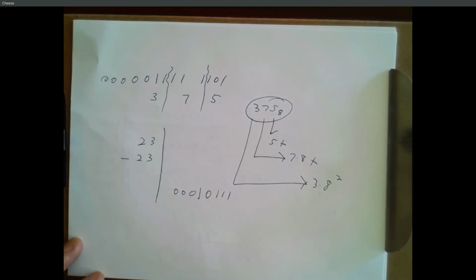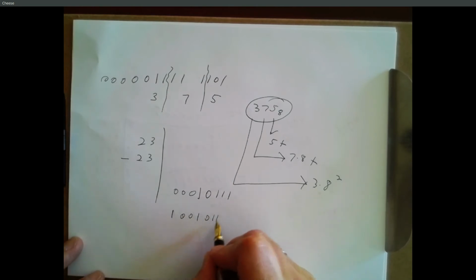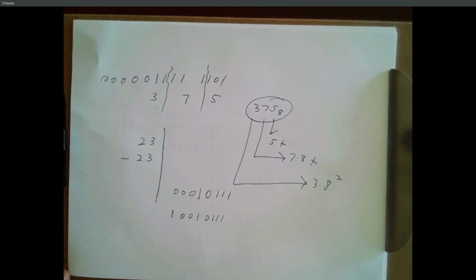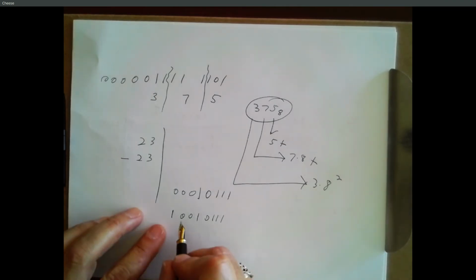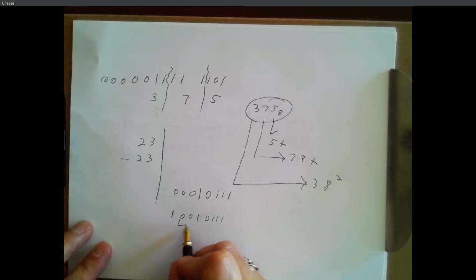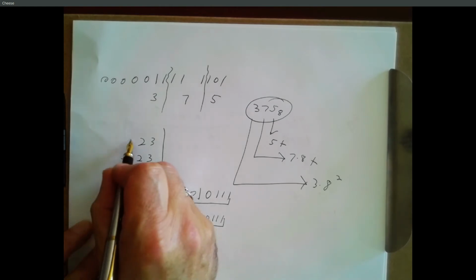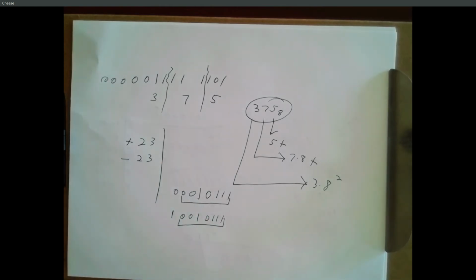If we want negative 23, we're just going to change that first digit to a 1, and that's going to mean negative 23. That's a signed magnitude representation. So this is telling us how big our number is, and this is telling us the sign of it. So is it a plus sign or a minus sign in front?